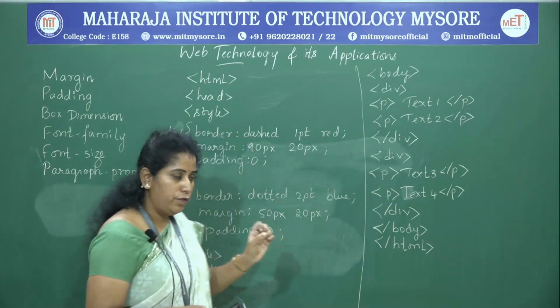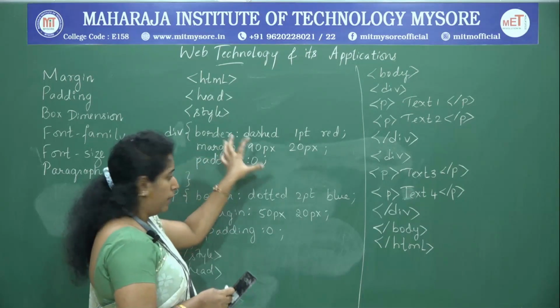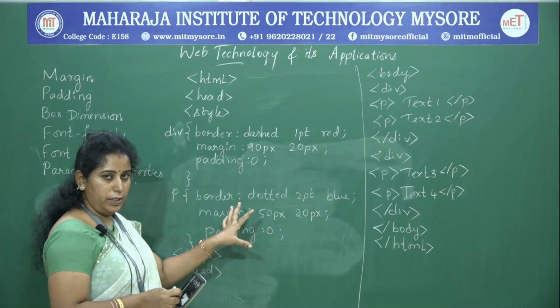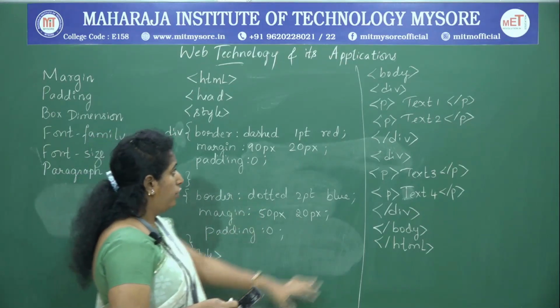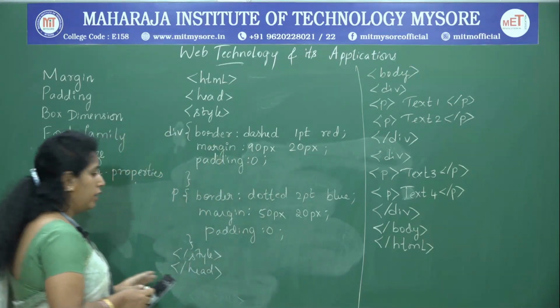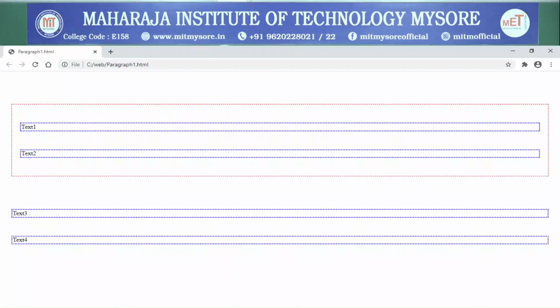For div a separate style rule has been given and for the paragraph also a separate style rule has been given. So now let us look into the output of this program. Once you run this program, you can notice the output has been displayed here, how it is going to look.